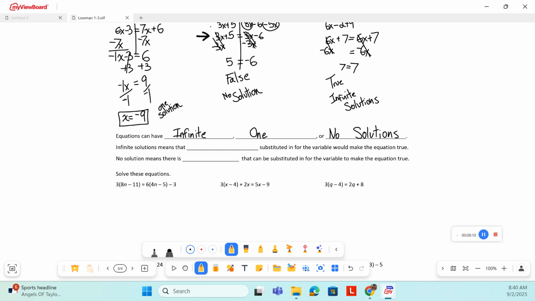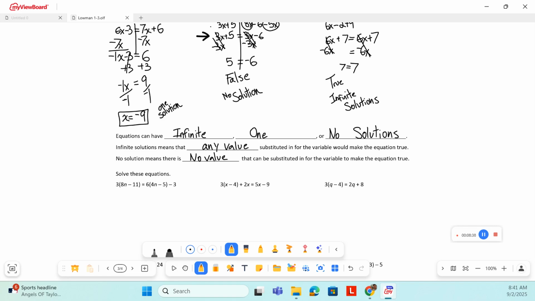So those are our options there. Infinite solutions mean that any number or any value can be substituted for the variable and would make it true. No solutions, there's no value or no number that can be substituted in for the variable to make the equation true.